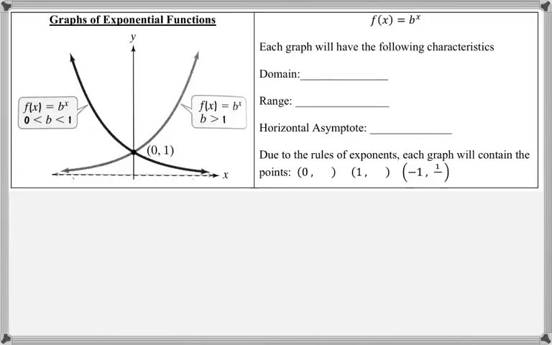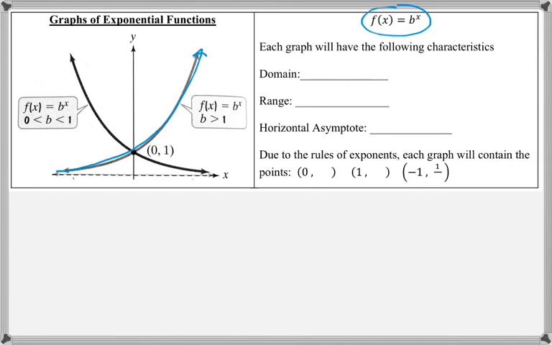Okay, so there's some characteristics of exponential functions. And this really looks at this form here. So there's no adding a number in the exponent or adding a number on the main level. This is kind of going back to questions 2 and 3. And if the base b is greater than 1, then your graph is going to look like this.